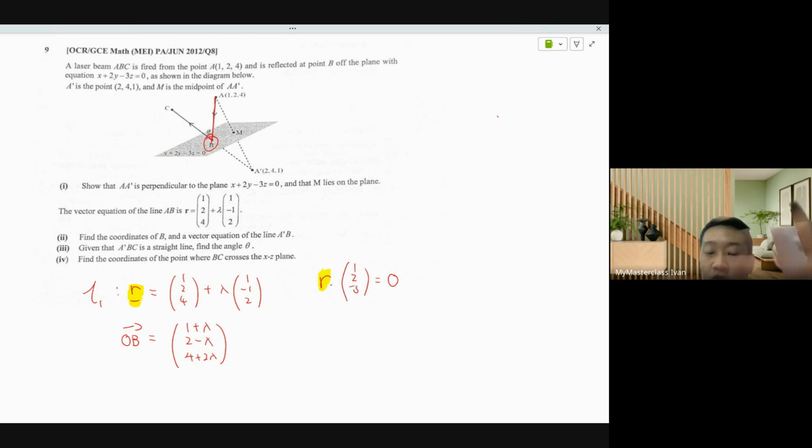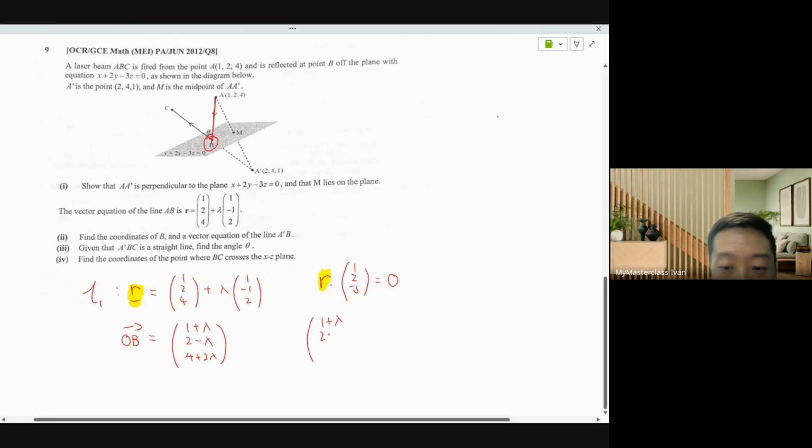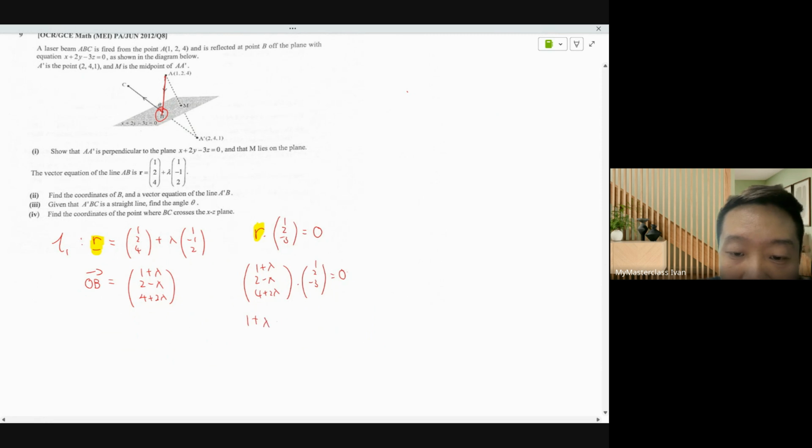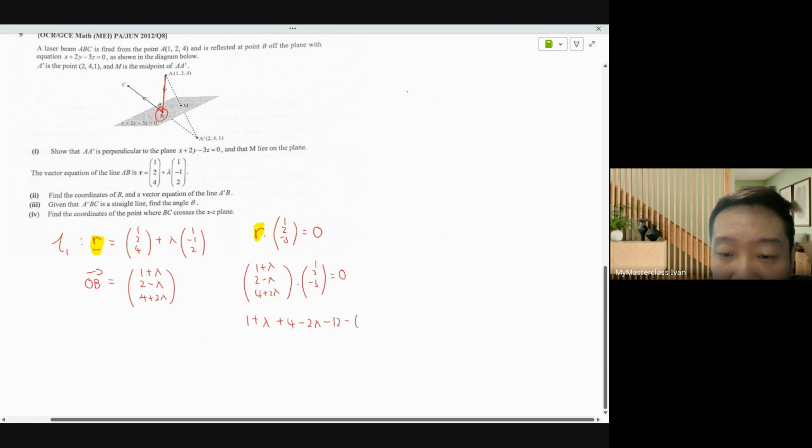And this is why students don't know how to do it. It's very simple, just sub this in: 1 plus lambda, 2 minus lambda, 4 plus 2 lambda, dot 1, 2, negative 3 equals 0. All you need to do is dot it out: 1 plus lambda plus 4 minus 2 lambda minus 12 minus 6 lambda equals 0. Find out what lambda equals, and then sub it back into OB to get your answer.